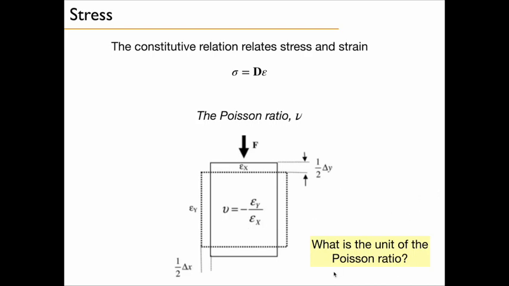So what's the unit of the Poisson ratio? The Poisson ratio is the ratio of two strains which both have no unit, so the Poisson ratio has no unit. The magnitude of Poisson ratio is basically between 0.2 and 0.5 for geomaterials.